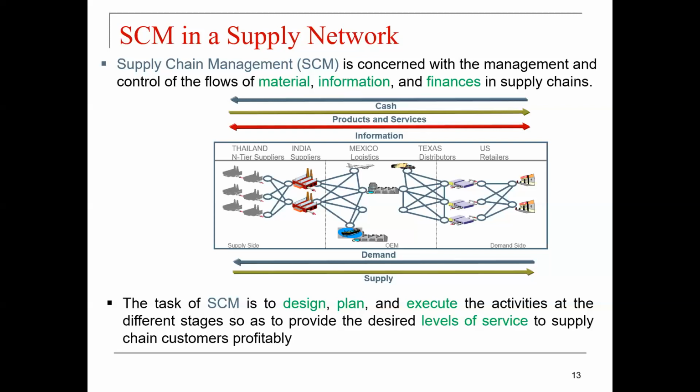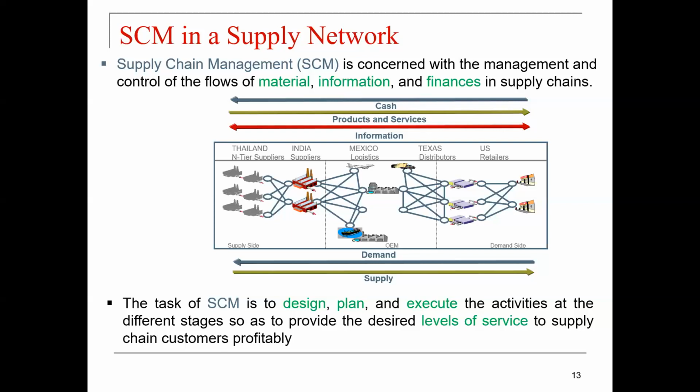So in this picture, we see how we have suppliers from all different parts of the world, in Thailand and India, and they're sending those materials to the manufacturing. In this case, this is in Mexico, so Mexico receives the supplies and produces certain products, and then we have the Texas distributors that will bring those to US retailers and finally to the customers.